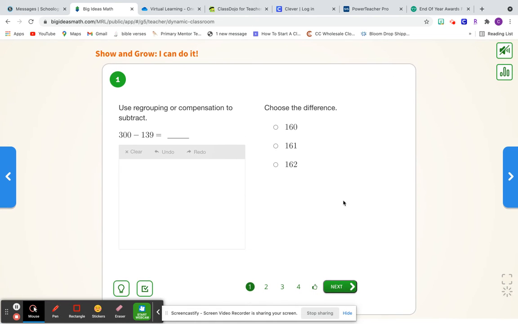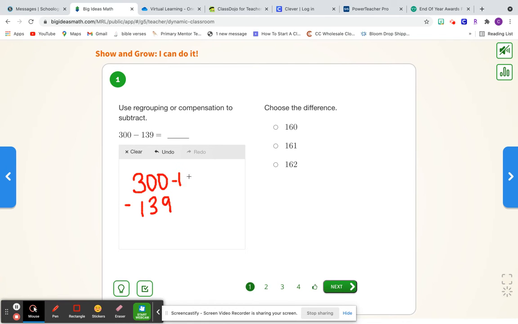Okay, let's look at a few examples before we move on. All right, so we are going to let's just use the compensation for these, which is where we say take the 1 away. Remember, you have to take it away from both numbers.